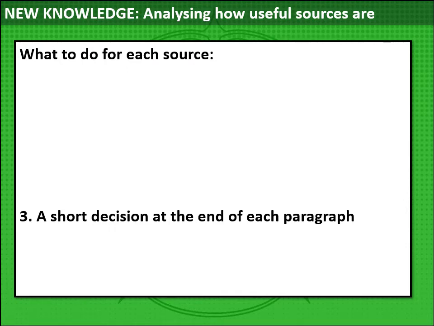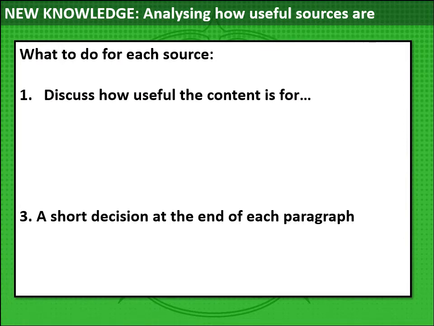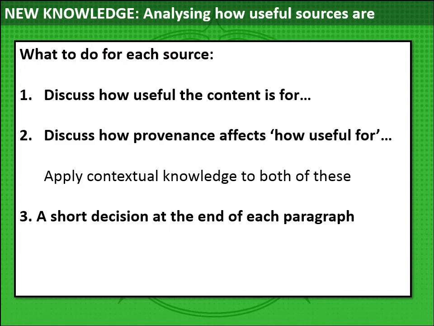So our first type of question is where we analyse how useful a source is for a particular inquiry. Now when we answer these questions, our answer splits into two paragraphs. We do one paragraph for each source, and then within that, each paragraph has three sections.